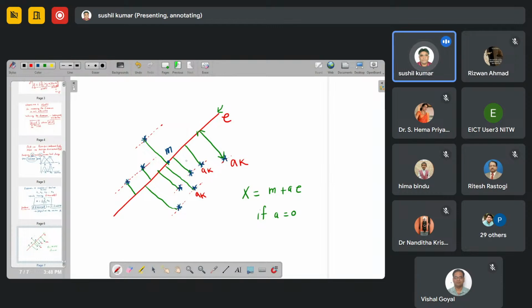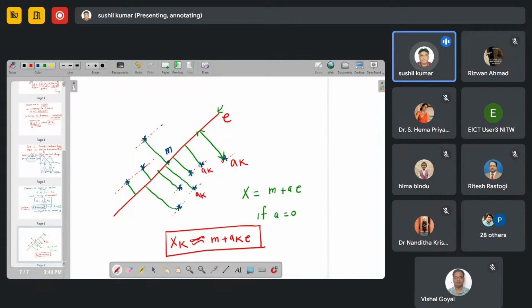So a represents different points on the line. The equation is x of k approximately equals m + a of k e, and these are the lines I have drawn here.